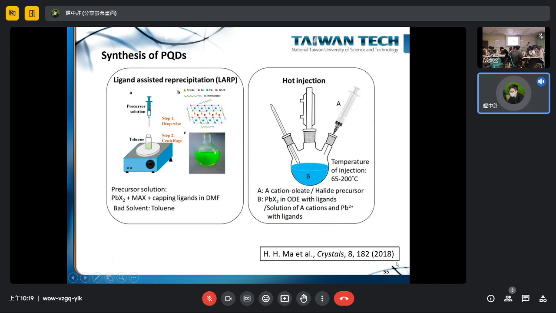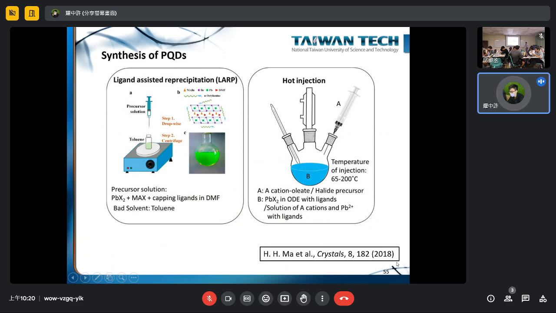And how to come up with quantum dot? First of all, you try to come up with an organic ligand with a precursor. The organic ligand can attach to the side wall of your crystal to prevent it from growing larger. We call it the capping ligand. The capping ligand is a charged long chain molecule.